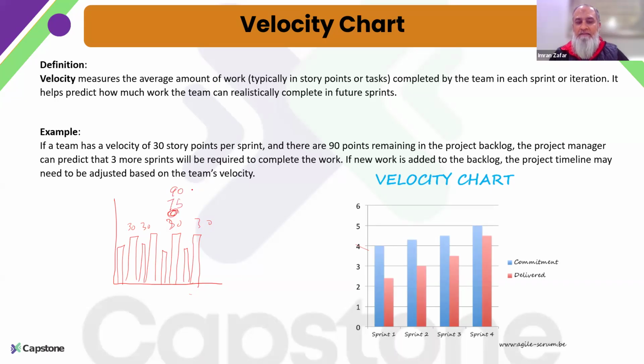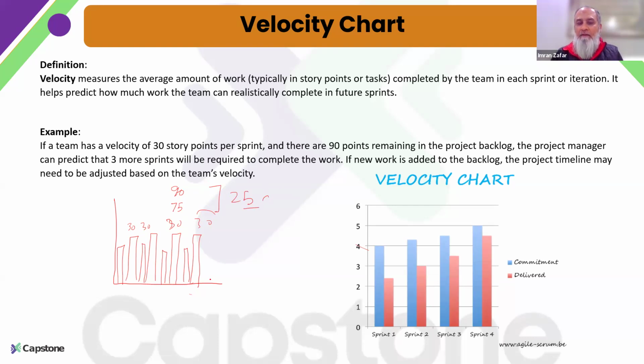So it means your average velocity is coming out to be 25 user story points.